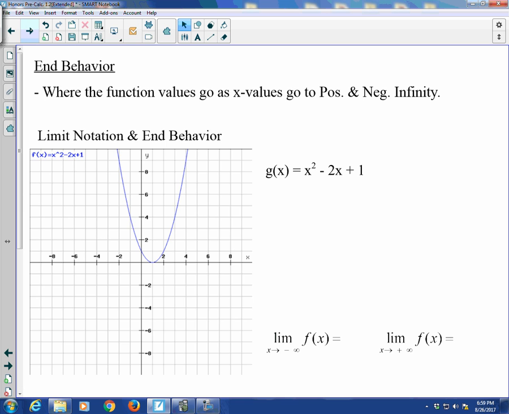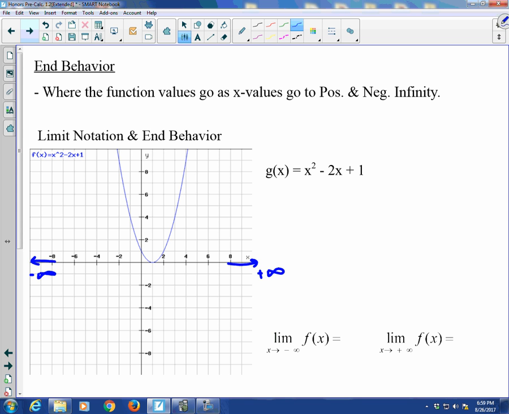We're going to talk about one more thing, and then we're going to wrap up this video. The last thing I want to talk about is end behavior. End behavior is basically what's happening to the function values, the y values of the function, as x values go out to positive infinity and negative infinity.